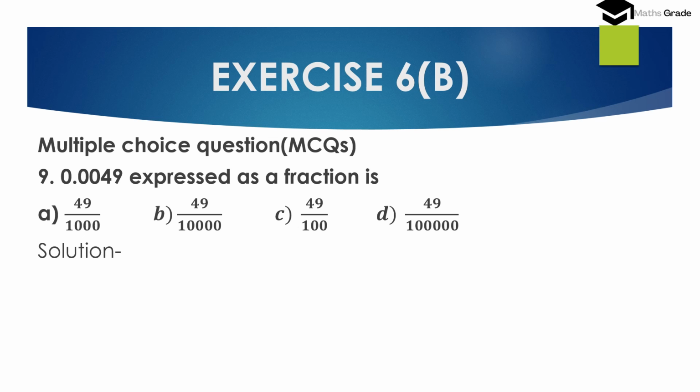Now question number 9, multiple choice questions, MCQ. 0.0049 expressed as a fraction is, these options are given. Here after the decimal point there are 4 digits: 1, 2, 3, 4. So we have to divide 49 by 1 with 4 zeros, that is 10,000.